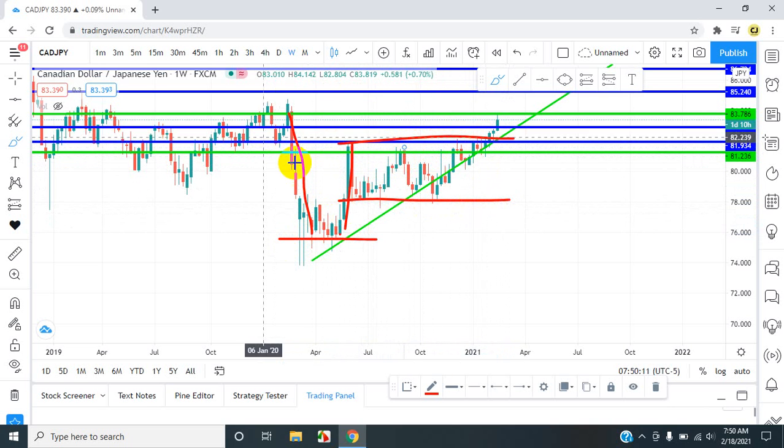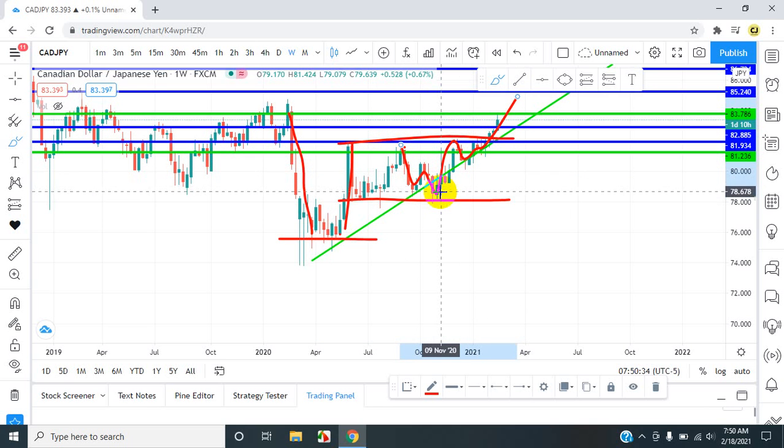You probably didn't see the drawings until I started putting the lines. Now I got a W formation. So I got the first leg of the W, second leg, third leg, fourth leg of the W, retest, push up again, another retest, another push. So it's actually been 3 pushes, 1, 2, and 3.